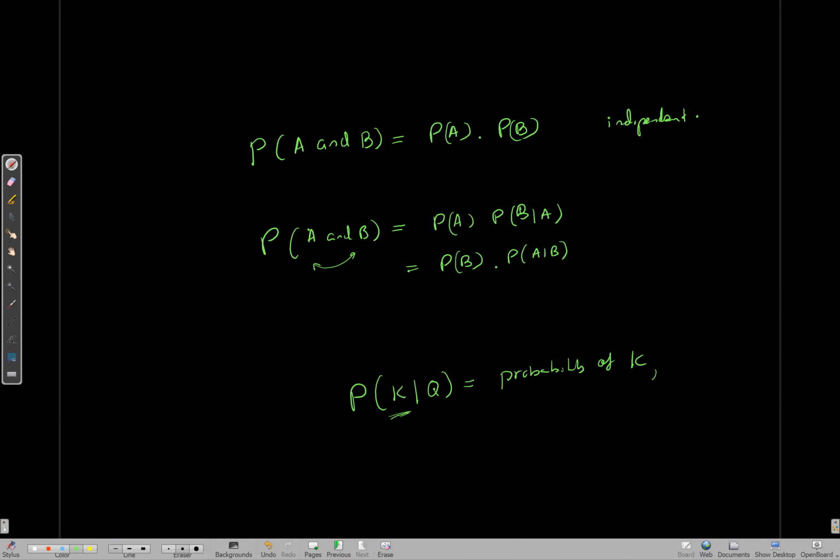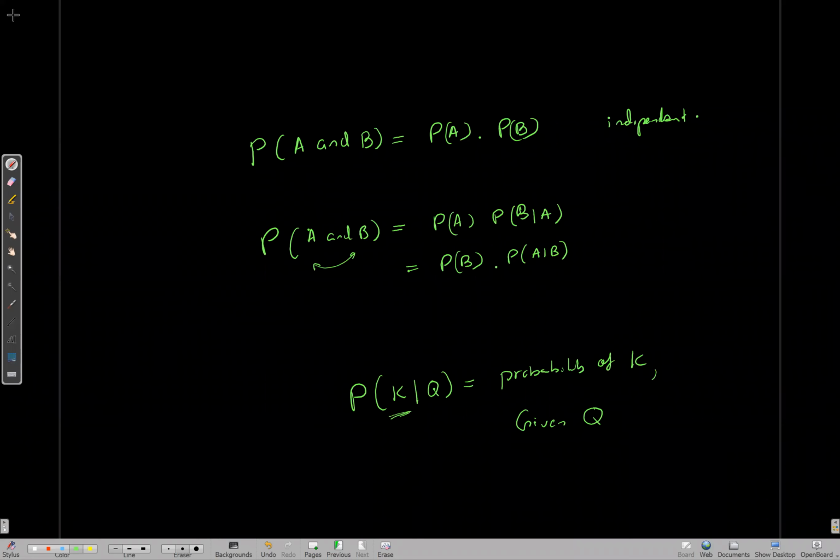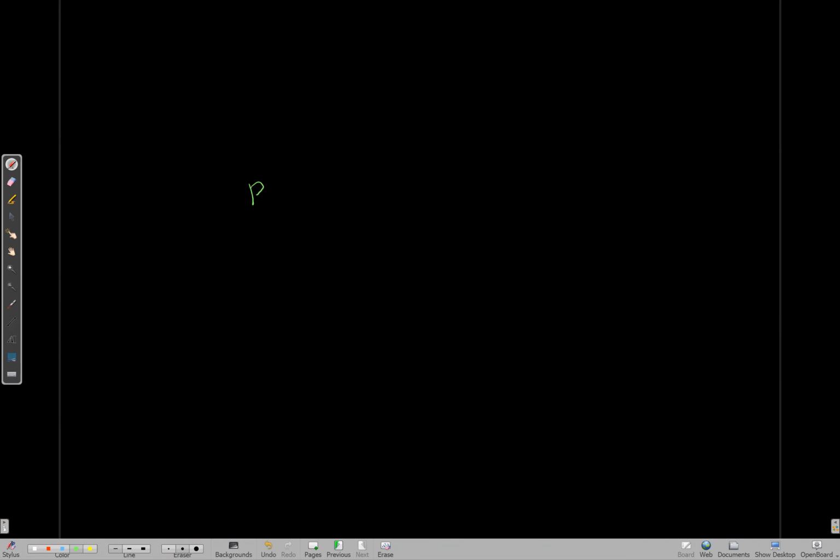So K given Q means you assume Q has happened, and then what is the probability of K happening? Now I will explain this in our next problem, but for this problem, you have to simply calculate using the formula. And again, the last part is about P(A or B).